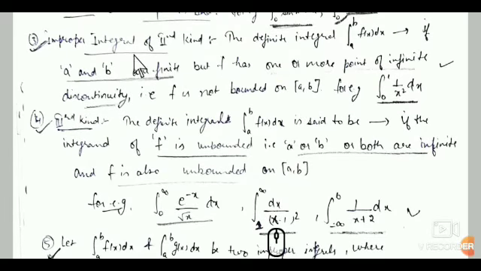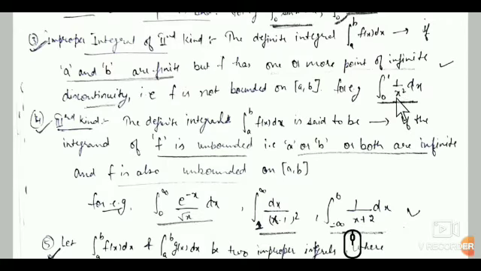Our second kind is the definite integral a to b f(x) dx, where a and b are finite but the function has one or more points of infinite discontinuity, that is, f is not bounded on closed interval [a, b]. For example, 0 to 1 of 1 upon x square dx.